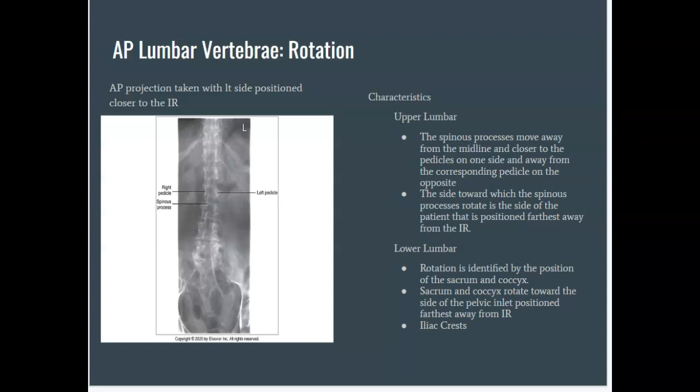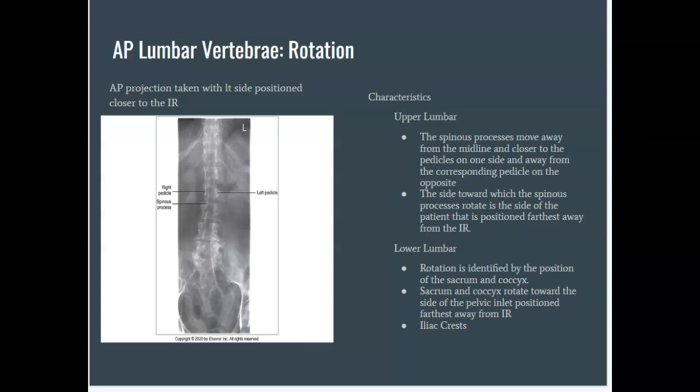Now, when looking at rotation in the distal or lower lumbar region, you can evaluate that by utilizing the sacrum and coccyx position within the pelvic inlet. If there's no rotation present, then the sacrum and coccyx will be demonstrated centered within the pelvic inlet.